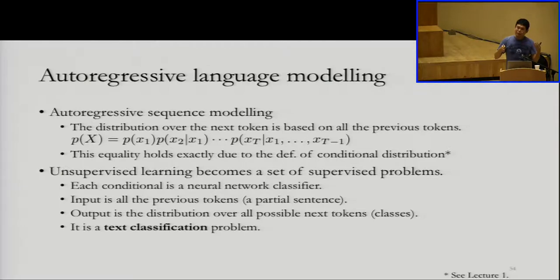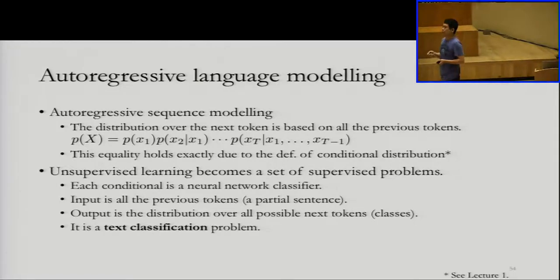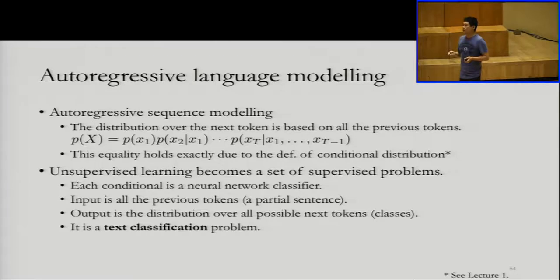The previous observations are going to tell you what the future observation should be. In the case of a distribution over a sequence, the probability of a sequence can be rewritten by decomposing it as a product of next token predictions.